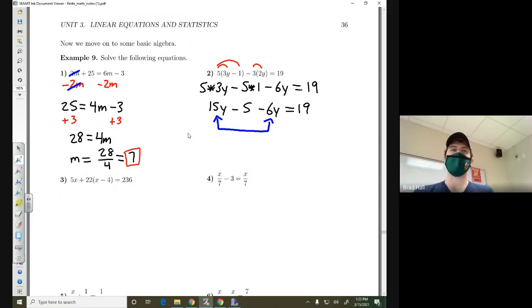15y minus 6y, well, it's just 15 minus 6, that's 9y. And there's a minus 5 that just kind of hangs around. Of course, it's equal to 19. And then, well, we have more like terms, those numbers you can get together. So add 5, 9y is equal to 24.